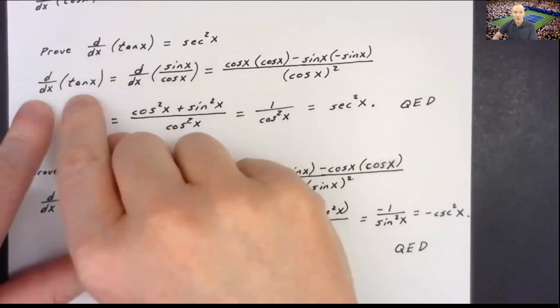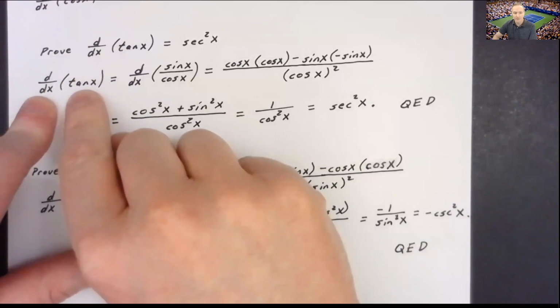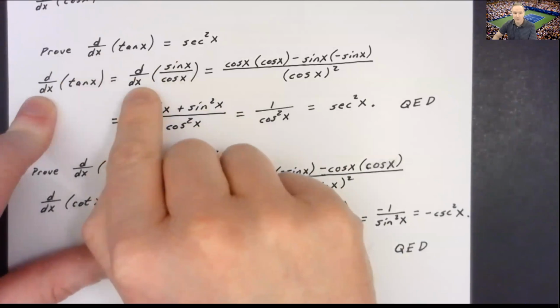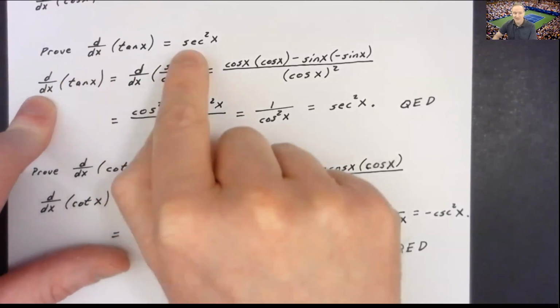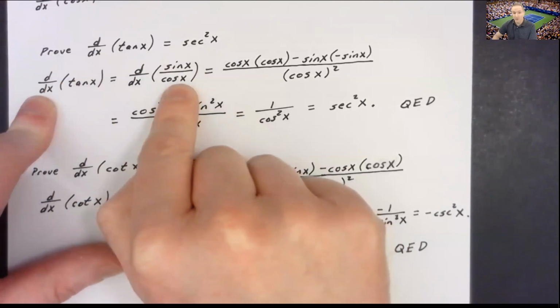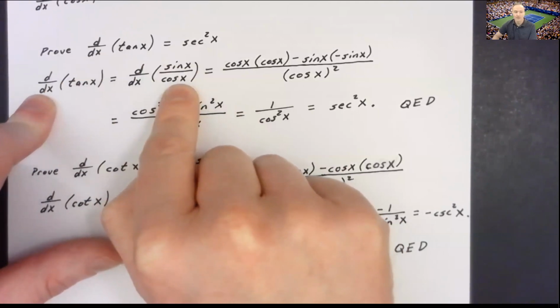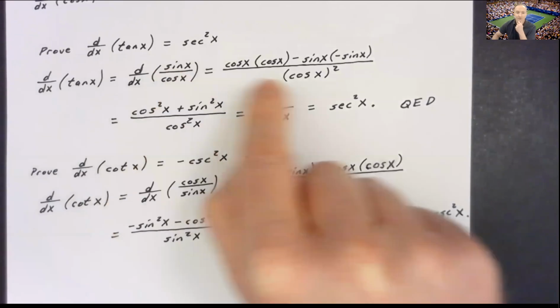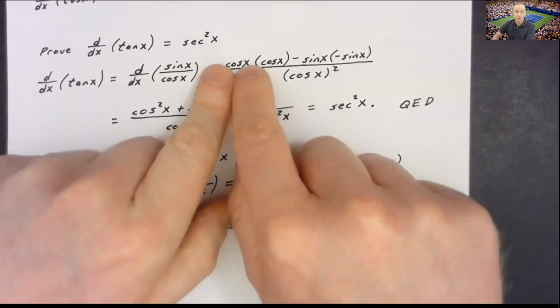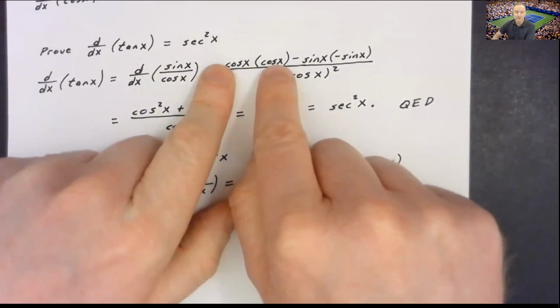I can say the derivative with respect to x of the tangent of x is the same thing as saying the derivative with respect to x of, we know tangent is sine x over cosine x. What am I going to do now? I'm going to use the quotient rule. All I have to do is square the denominator, bring that denominator to the numerator, times the derivative of the numerator.